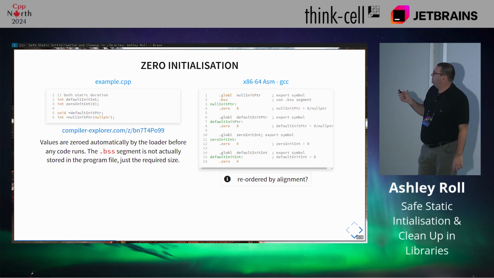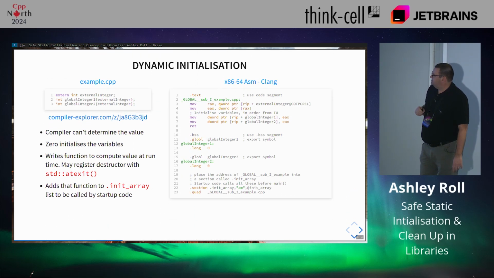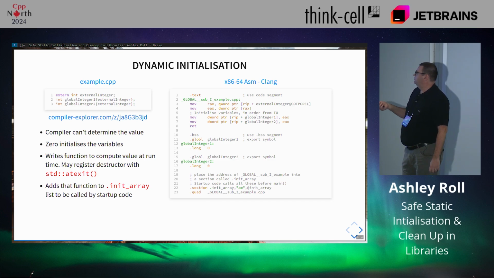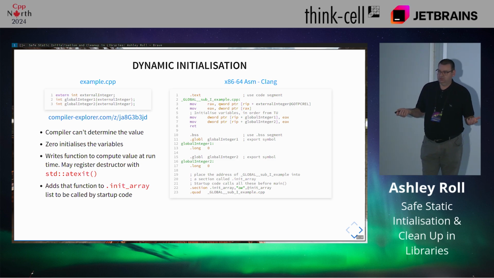Okay, so dynamic initialization. This is where it starts to get a little bit more interesting. If we force these static storage duration objects to have dynamic initialization by making them depend on some other thing that the compiler doesn't know the value of, then it's got to say, well, I can't compute that at compile time, so I'm going to have to defer that to runtime to work out what the value is going to be.